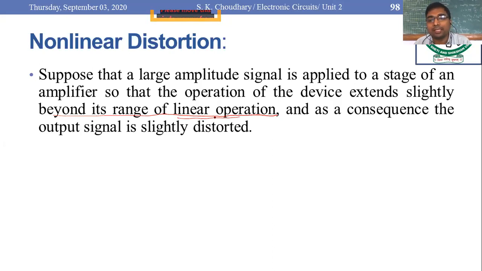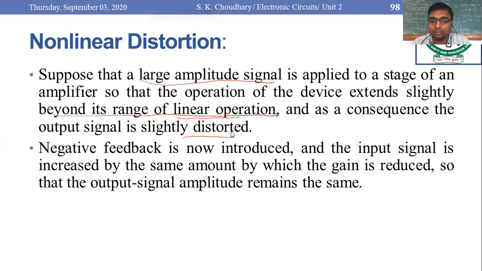If the shape of the output signal is the same as the shape of the input signal, we say that it is performing linear operation and there is no distortion. But when you apply a large amplitude signal, the amplification factor is multiplied with your input signal, and the output signal generated would be slightly distorted. This distortion is basically the non-linear property of the active devices.